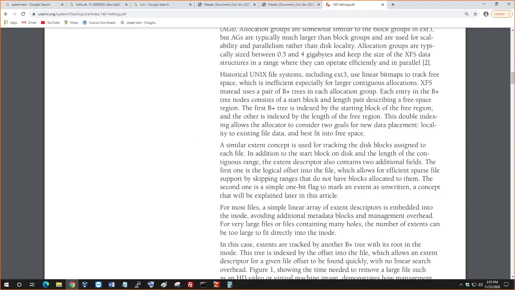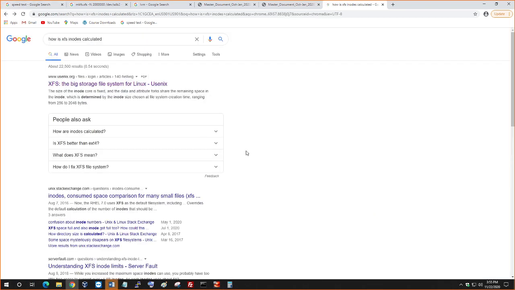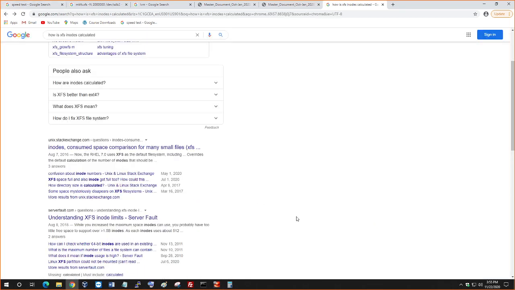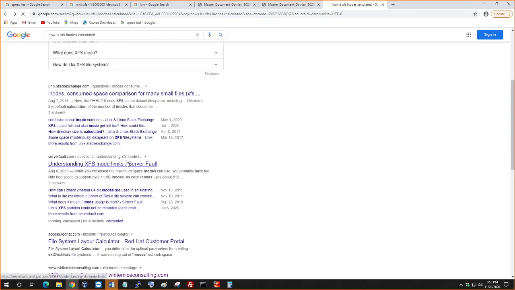That's how it's calculated. Okay, so that still doesn't help me. Understanding inode limits.